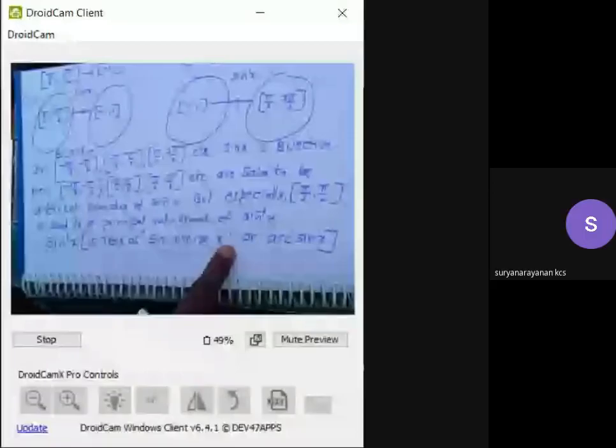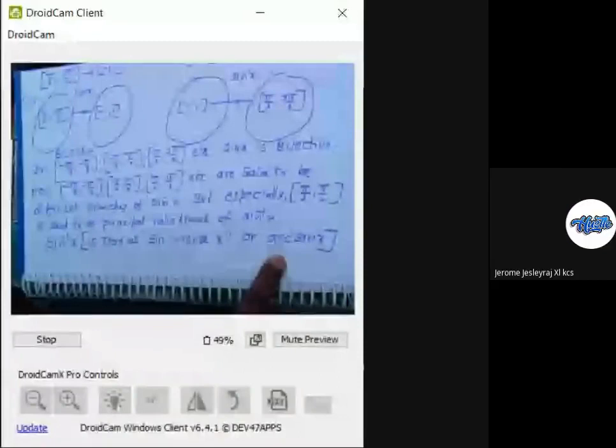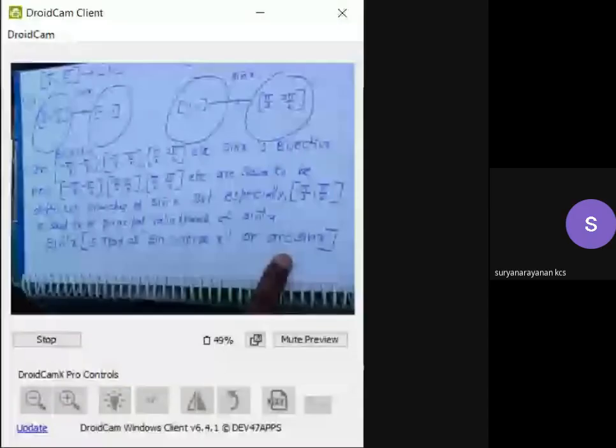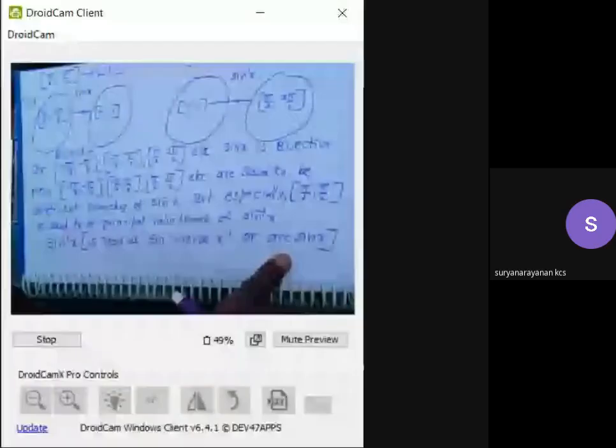Sir, it is read as sine inverse x or arc sine x. Johnson, can you read this one? It is read as sine inverse x or arc sine x. Pritika, can you read this line? It is read as sine inverse x or arc sine x, sir.